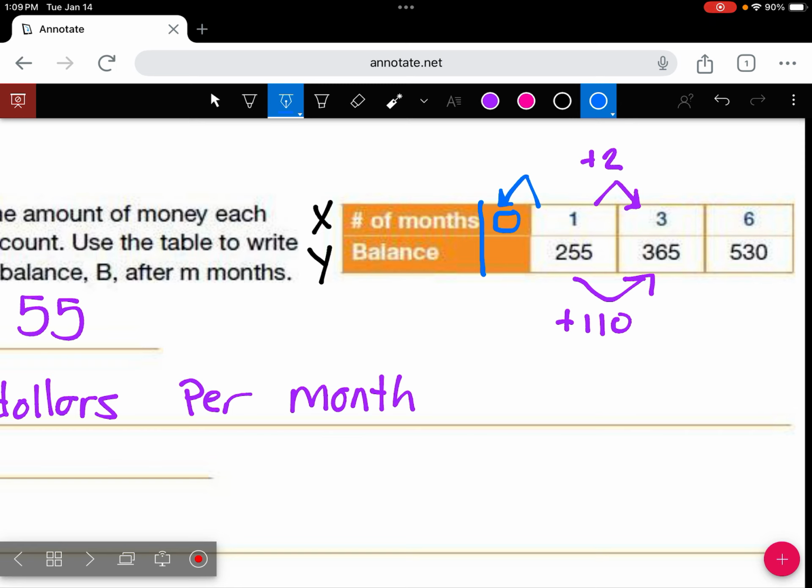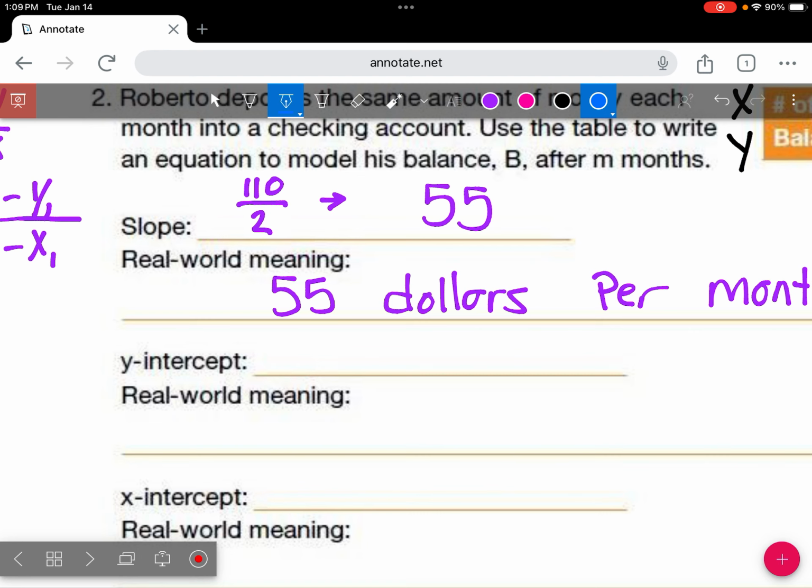So if I want to go the wrong way, 1 unit, what am I going to do here to figure out how much was in his account at month 0? Subtract the 55 that he put in. So what is the balance at month 0? 200. And that's exactly what we're looking for here. Our y-intercept is going to be 200.